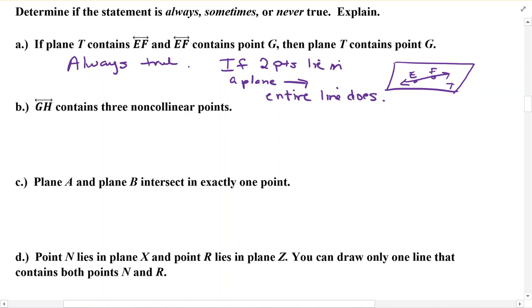Problem B says line GH contains 3 non-collinear points. Well, the definition of non-collinear is not on the same line. So GH is a line, it can't contain non-collinear points, so this is never true.